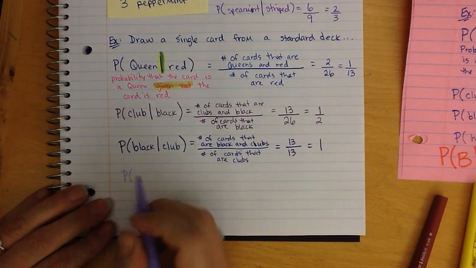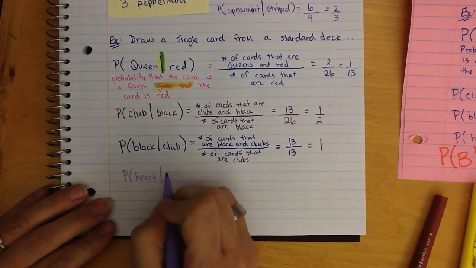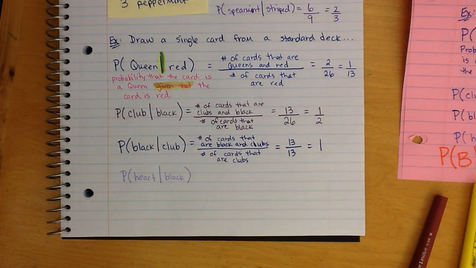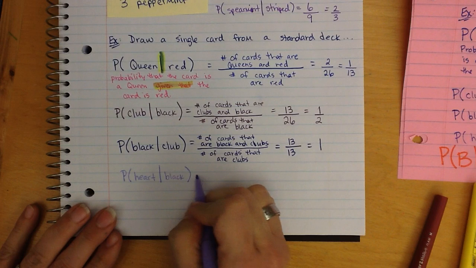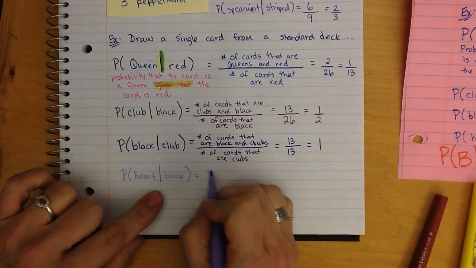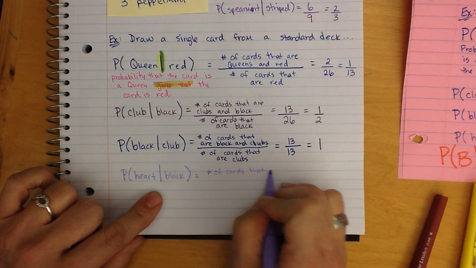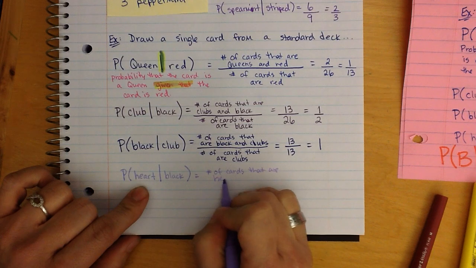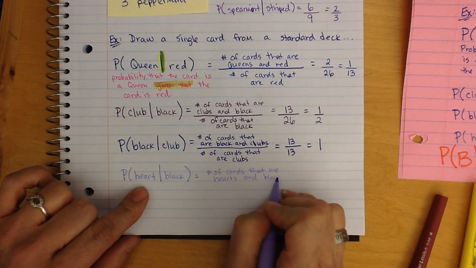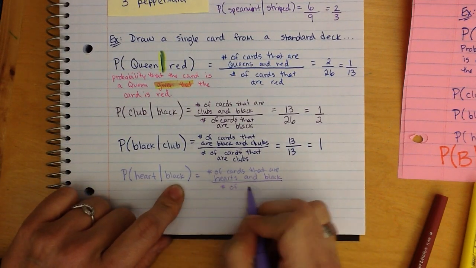What about the probability that the card I drew is a heart if I already know the card is black? You may already know the answer to that without doing any work, but to do that formally, that would be the number of cards that are hearts and black over the number of cards that are black.